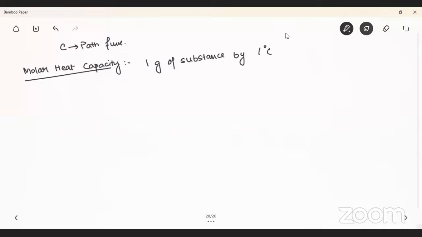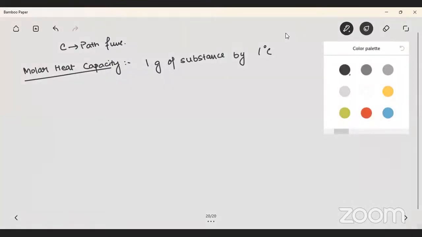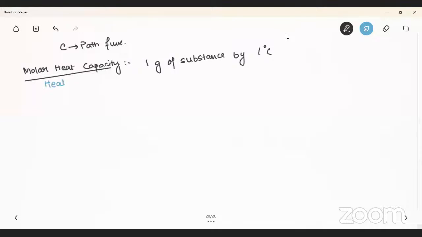Heat capacity was for m gram of substance. Remember, heat capacity was the amount of heat required to raise the temperature of m gram of substance, m gram meaning any amount, by 1 degree.